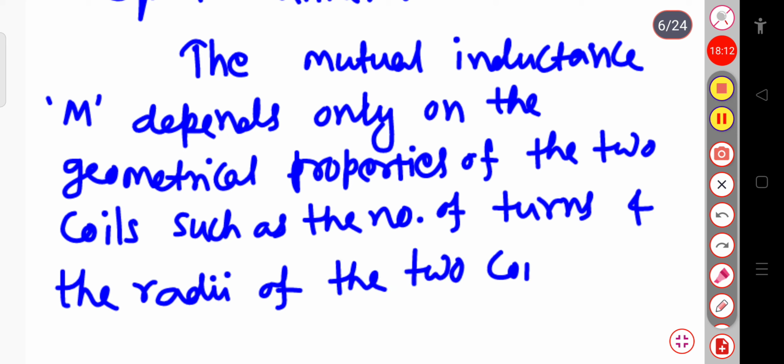So the mutual inductance depends only on the geometrical properties of the two coils, such as the number of turns and the radii of the two coils.